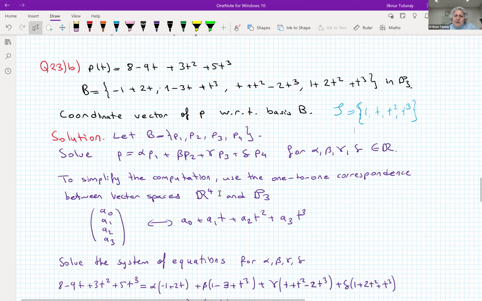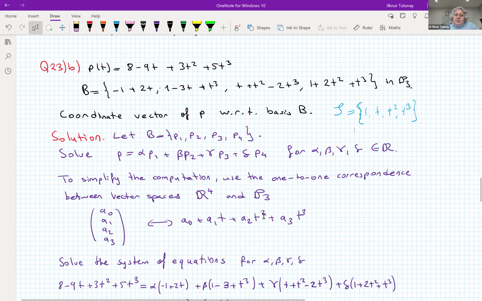This vector space is isomorphic to this vector space as vector spaces. So by just taking the coefficients of the polynomial, we can obtain A0, A1, A2, A3. You can change the order. You can take another correspondence by changing the inner order, but this is the most natural one, and it is less confusing, and we can do the calculations.